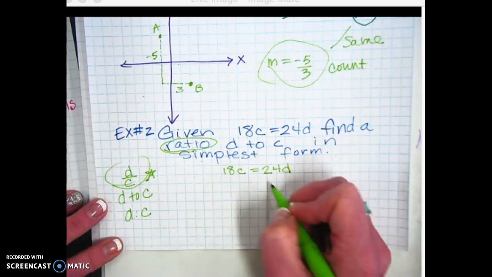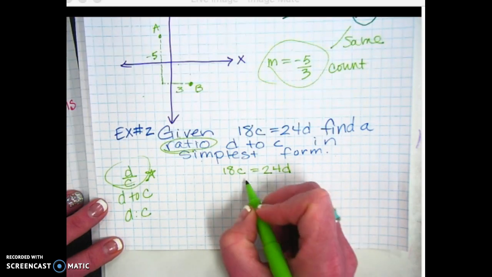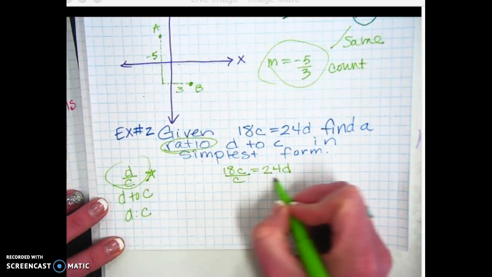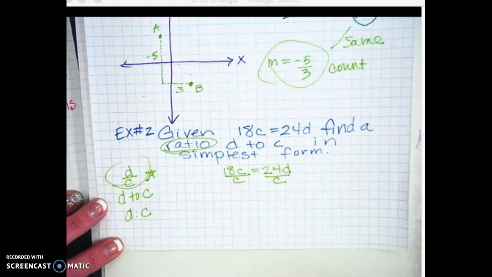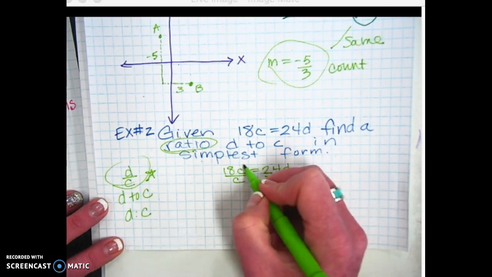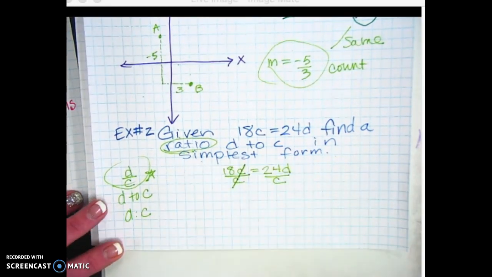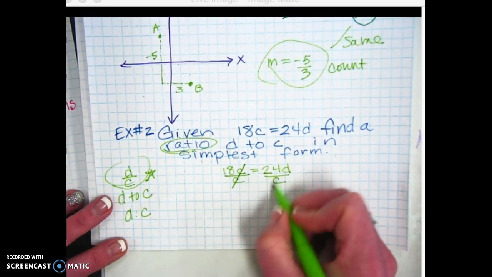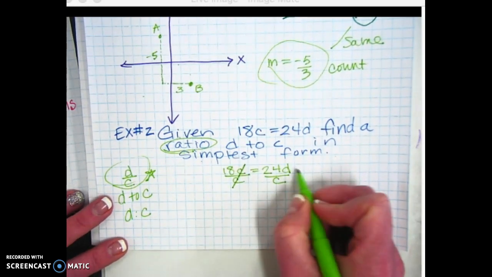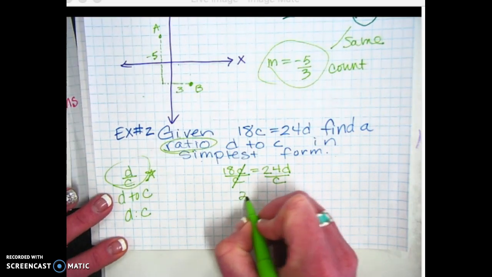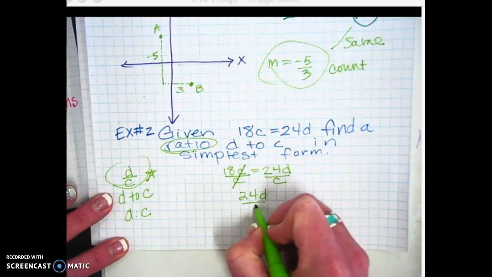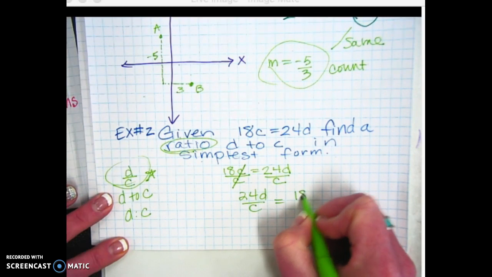And the easiest way to get the C in the denominator is to divide both sides by C. The C's will cancel over here, and over here you can't simplify the D over C because they're not like terms. So we have 24D over C equals 18.